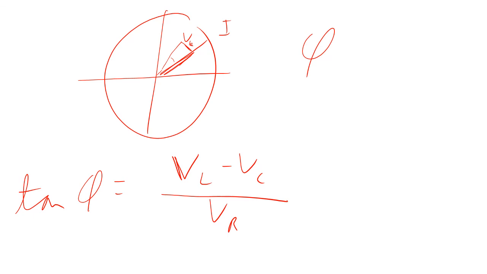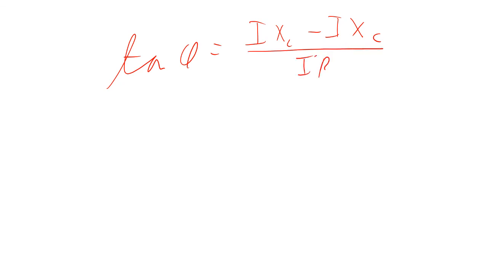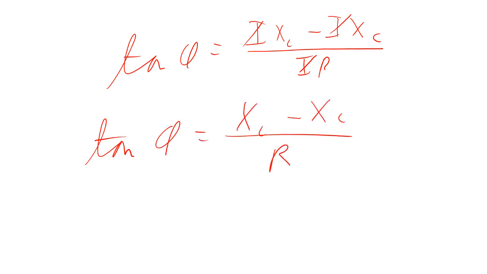And so we can look at that and say, therefore, the tangent of the phase angle is going to be VL, which equals IXL, minus VC, which is IXC, divided by IR. The I's cancel, and so the tangent of the phase angle is going to be XL minus XC over R. And so this gives us our measure, the phase angle.